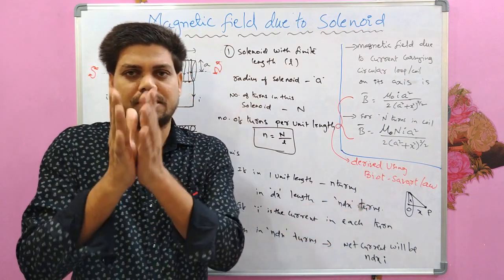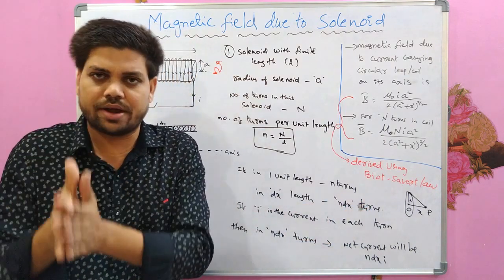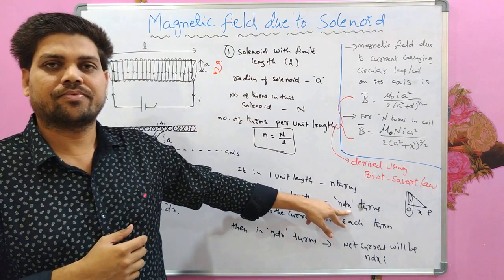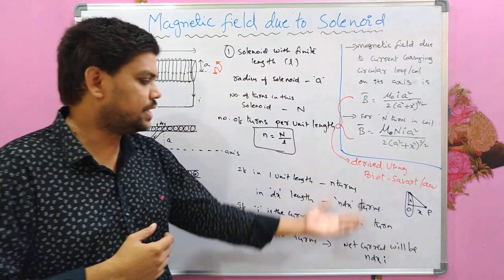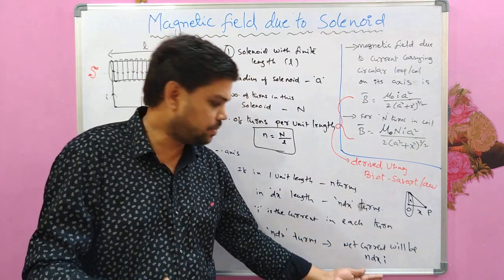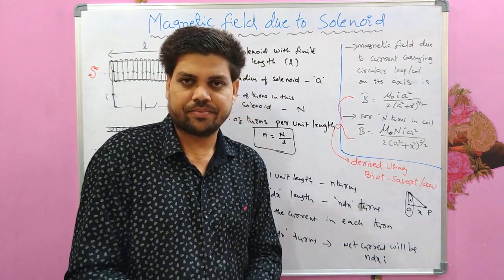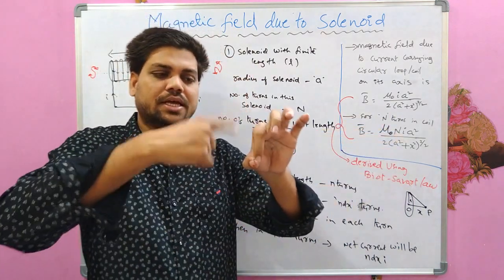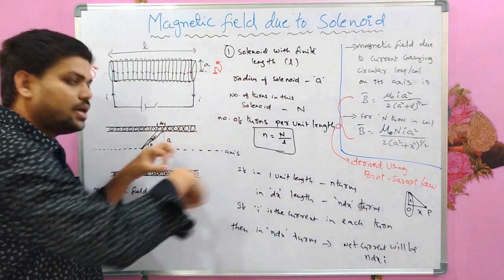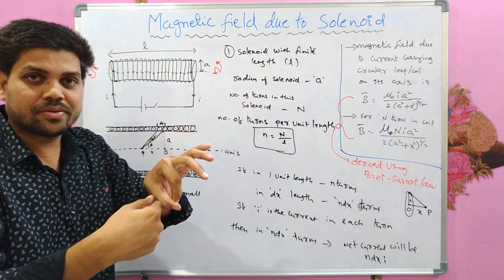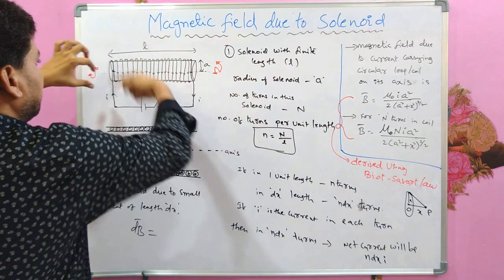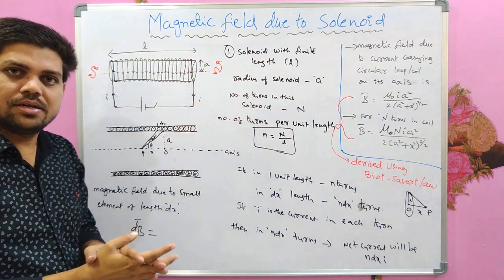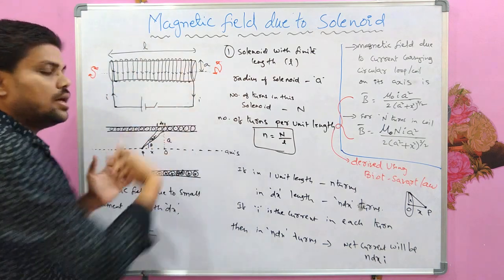What we have done is we have considered a small segment of the solenoid in which ndx turns are there, so that the net current in those ndx turns will be ndx into I. Here each turn is like a circular loop.